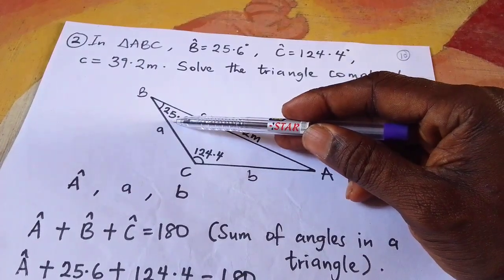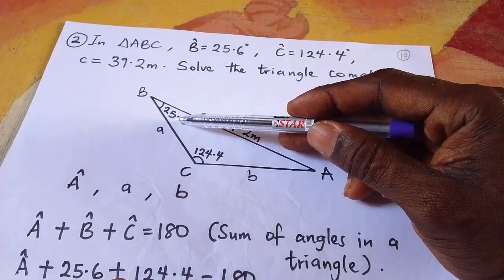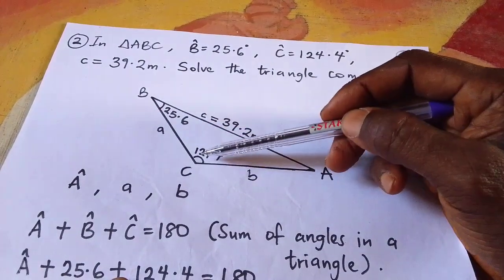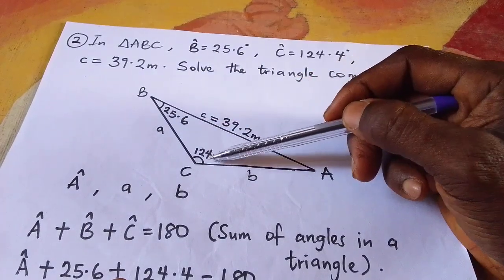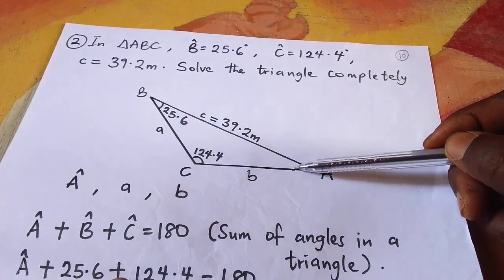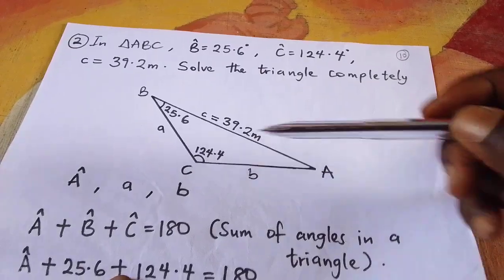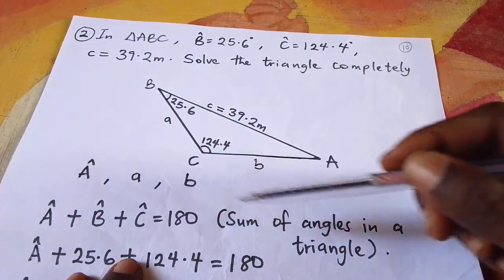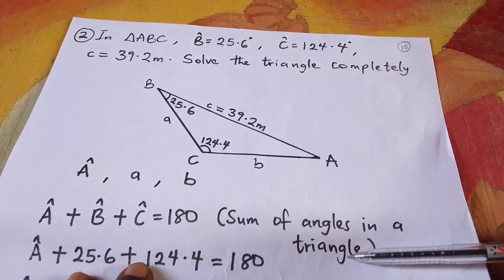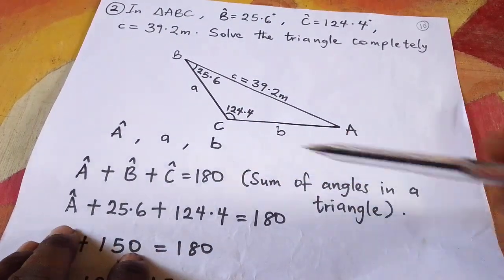For us to get the third angle, you realize that if you add these three angles, 25.6, 124.4, and this angle here, should be equal to 180. So angle A plus angle B plus angle C is equal to 180. Why? Sum of angles in a triangle. Let's substitute.